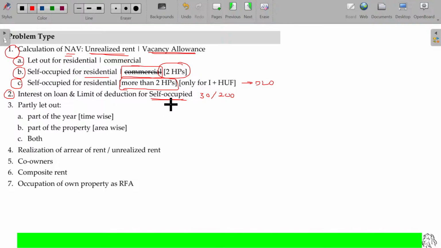These are the cases. A few more aspects to be covered for income from house property, being third, fourth, fifth, sixth, seventh. The third one, partly let out.